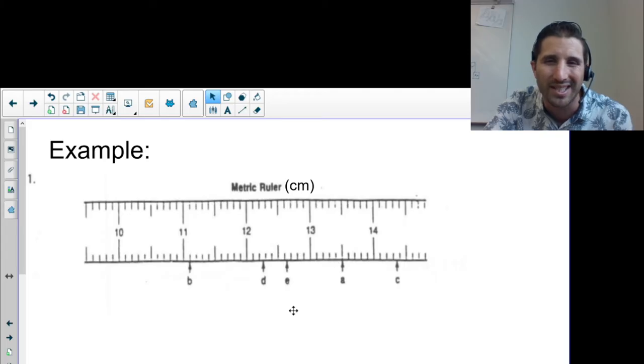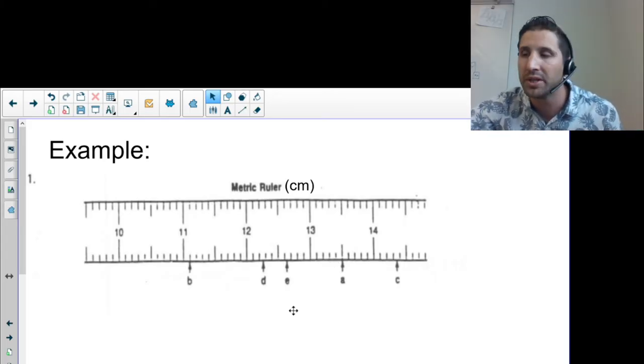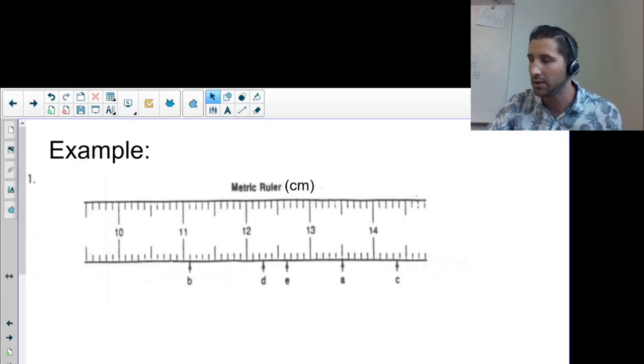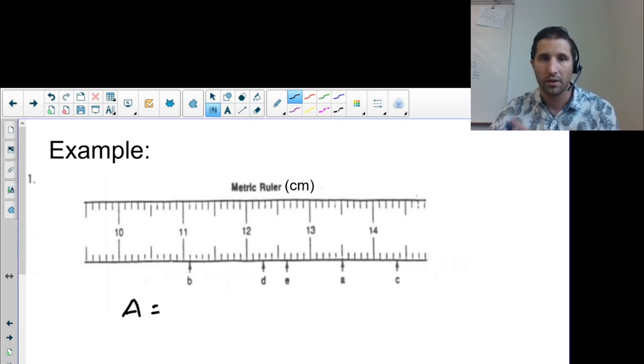But maybe we disagree on that last point. Maybe you think there is a hundredth in that place. So for A, I'm going to write down 13.50 centimeters.